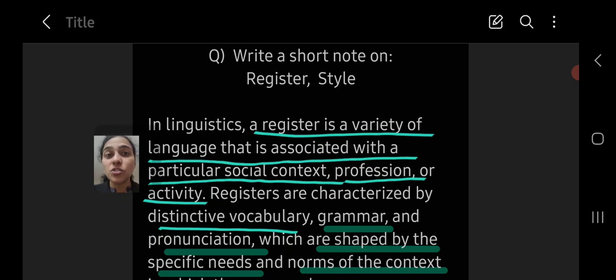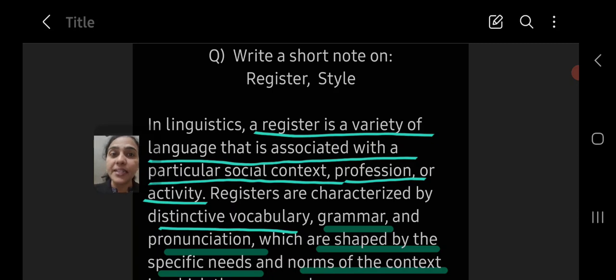The registers of a school are differentiated by the class and the name of the section on the top of the register. In the same manner, registers in linguistics are characterized by distinctive vocabulary. The vocabulary, the grammar, and the pronunciation are different in one register from another register.